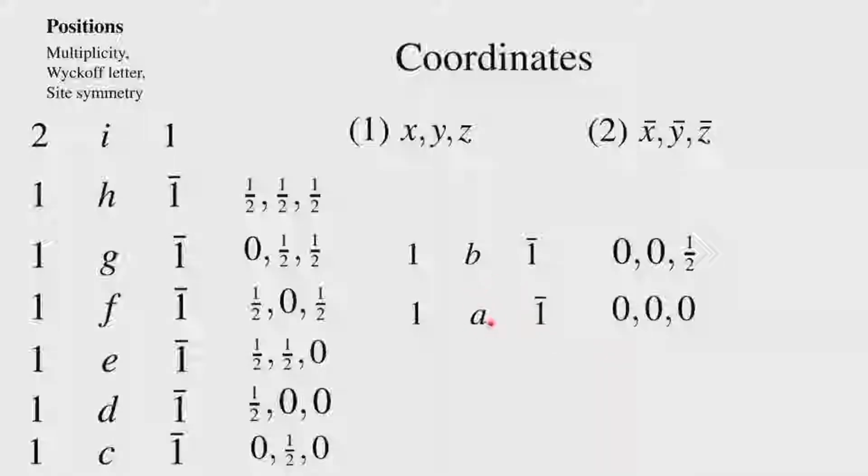So, this gets the letter a, the first letter of the English alphabet, and this is what was designed by Wyckoff, to give us a clear understanding of where the atoms are located, in what way they generate equivalent points and so on.